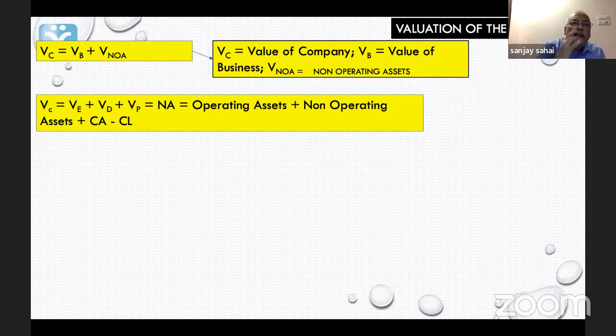This is equal to my operating assets plus the non-operating assets plus current assets minus current liabilities. बात बराबर है ना, आप किसी भी वे में इसको देखेंगे, because ये जो this is my liability side, हमारे जितने long term liabilities हैं वो यहां पर है. तो I can either look at my liabilities or I can look at my assets.